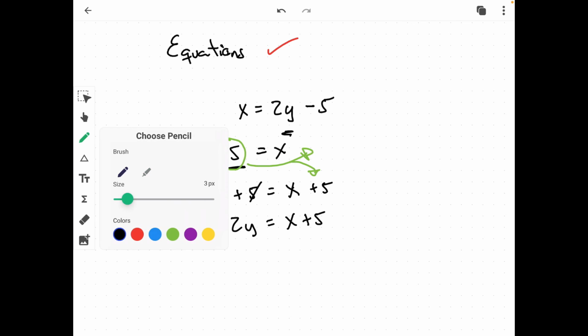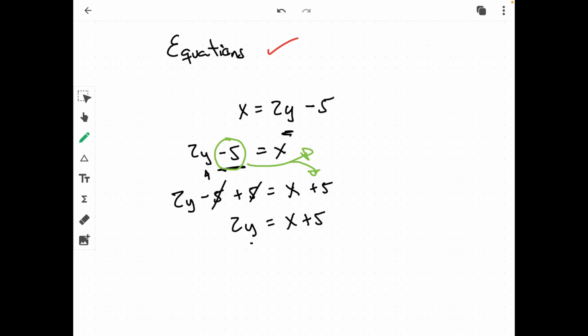Now, keep working with this. We need to isolate the y, so we need to take away this 2, and this 2 is multiplying y. So how can we take it away from the y? Dividing this expression by 2. So 2 times y divided by 2 is equal to x plus 5 divided by 2. And we can take away this 2 and this 2 and keep this one.